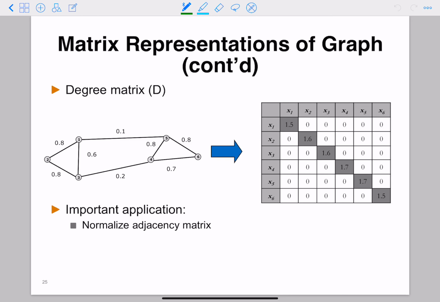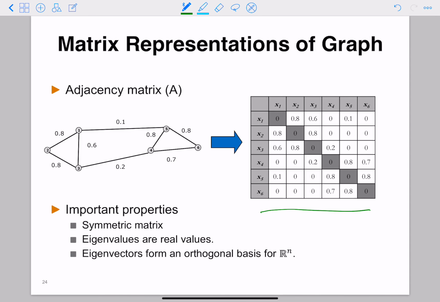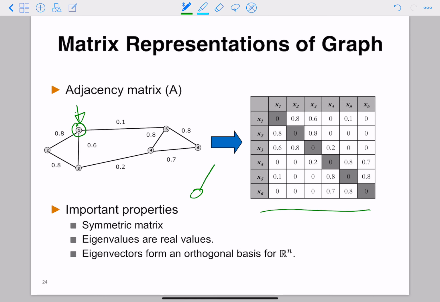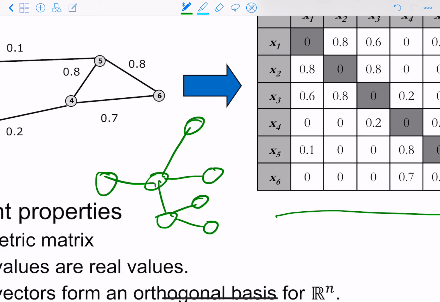And for this adjacency graph, we can also think of something called the degree matrix. So this is an adjacency matrix, and then for each node, what's the degree of this node? Degree is simply the number of edges that a particular node has. So in the case of this node, we have a degree of 4, and this one will have a degree of 3, right?